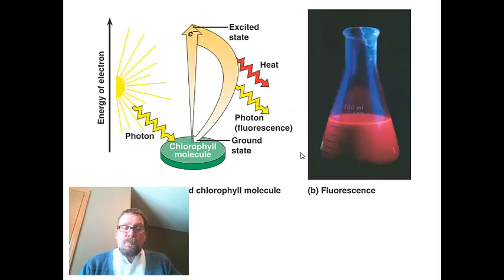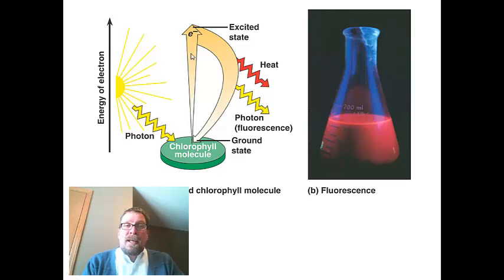Okay. So how does it really work? Well, it's like anything. When you bring that photon of energy from the sun, it's going to excite an electron in the chlorophyll molecule, say chlorophyll A, and it is going to jump up in an excited state to a higher potential energy level.